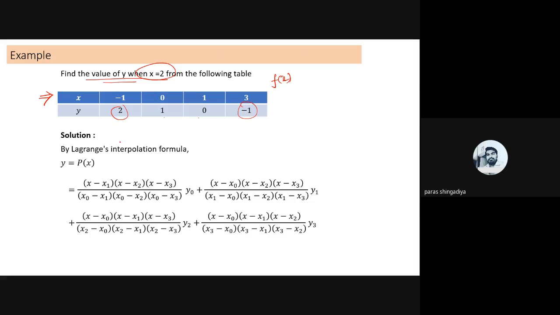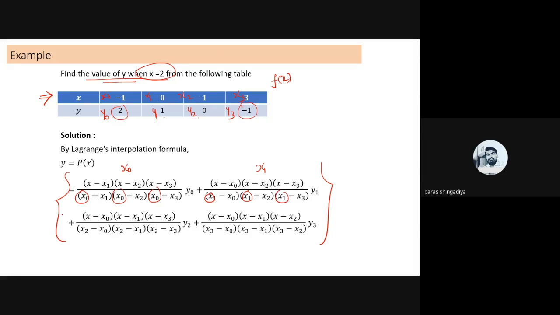Okay, four values are given. Starting value is x0, then x1, x2, and x3, and its corresponding values, that is y0, y1, y2, and y3. Okay, so first we'll define this formula to predict the answer by using Lagrange interpolation. So first term is for x0, y0. So skip x0 and use x0 in the denominator. Okay, here it is for x1, so skip x1 in the numerator and use x1 in the denominator.